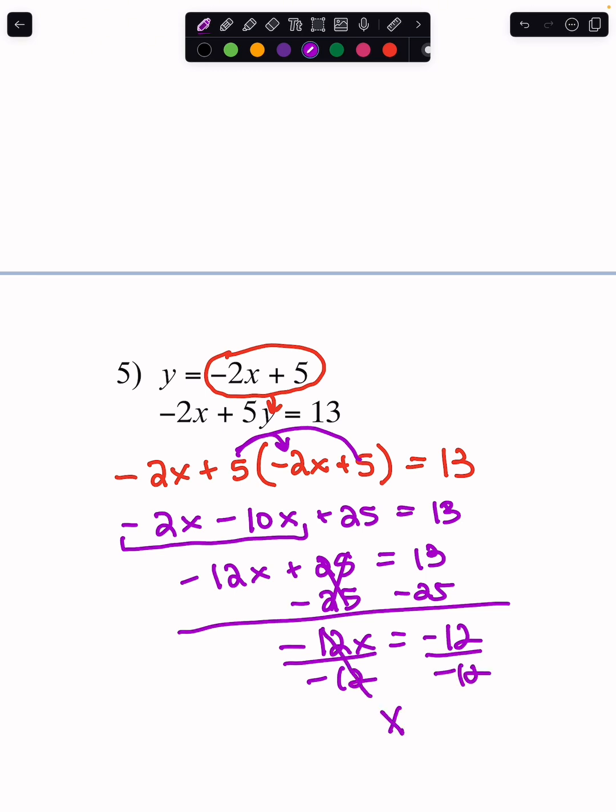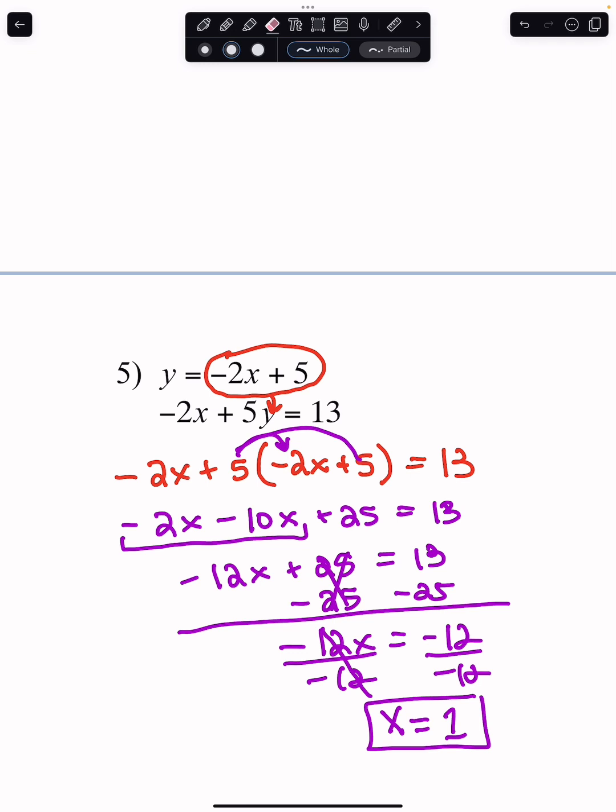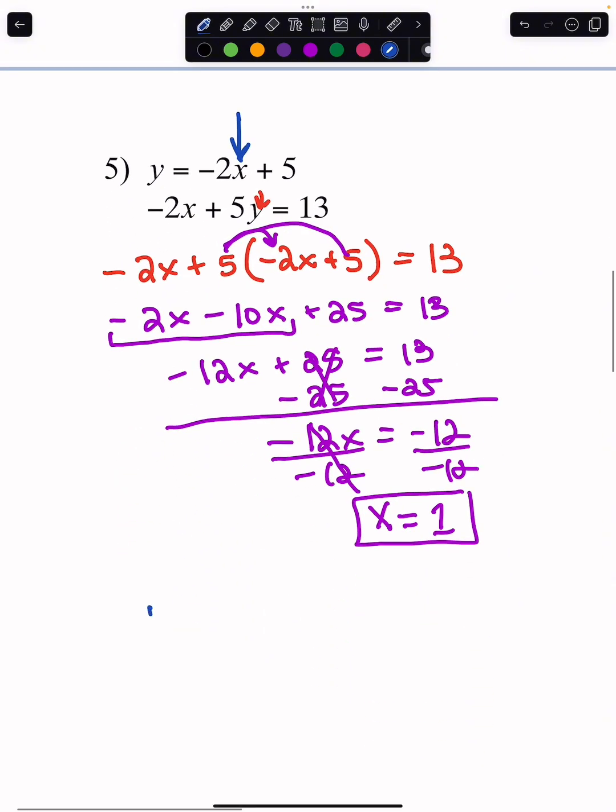Now, what can I do with that positive 1? I can go and plug it back into either equation. And because this one right here looks easier, I'm going to plug into that one right there. So y equals negative 2x plus 5. And again, I'm going to drop this 1 right there because that's what it says x is.